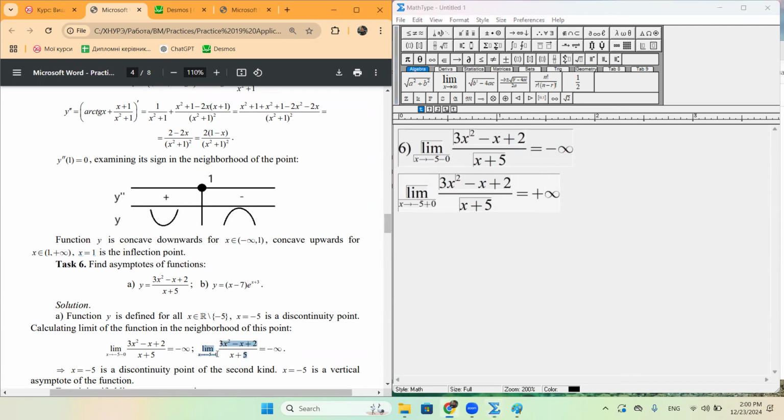Everything is correct, but the signs were not changed, just duplicated. So what about the vertical asymptote? We have one vertical asymptote, x equals -5.